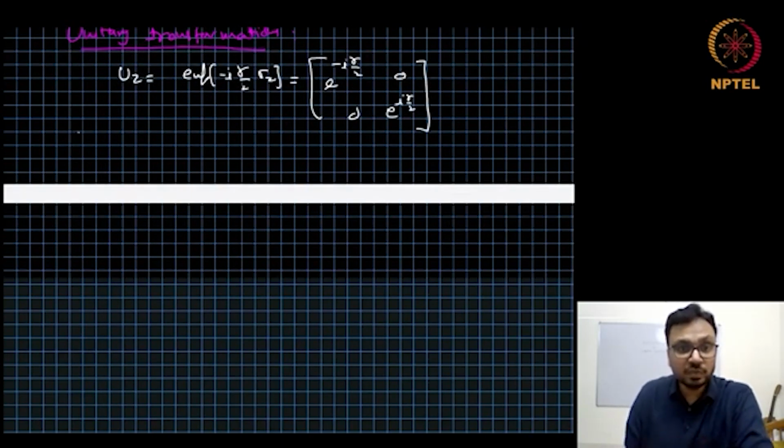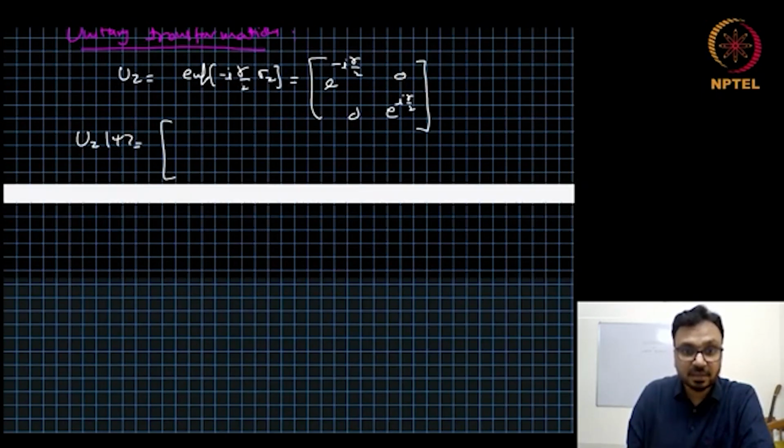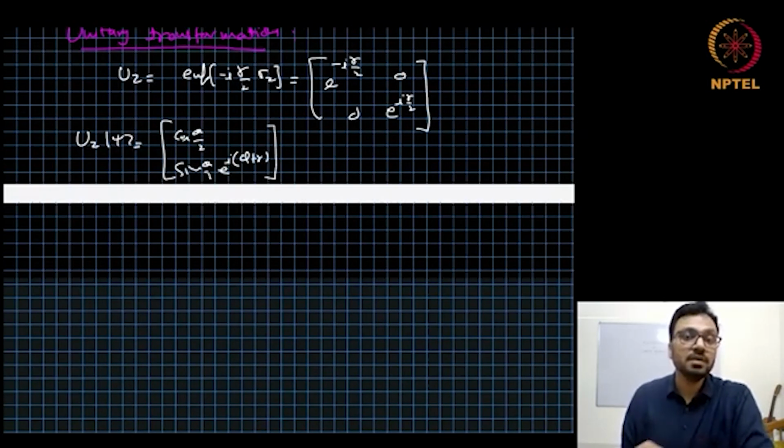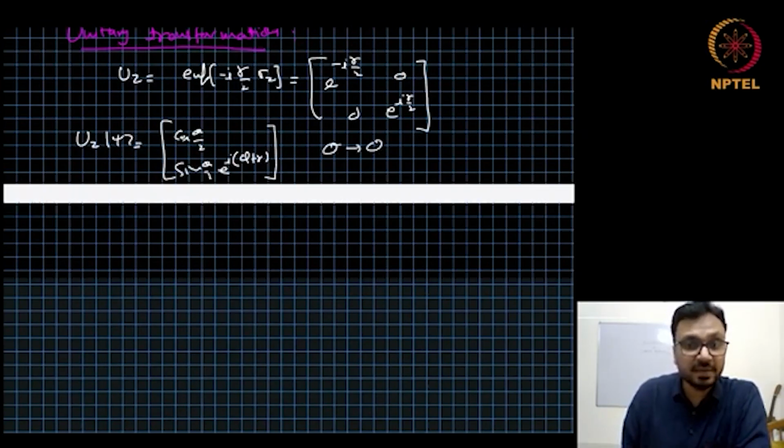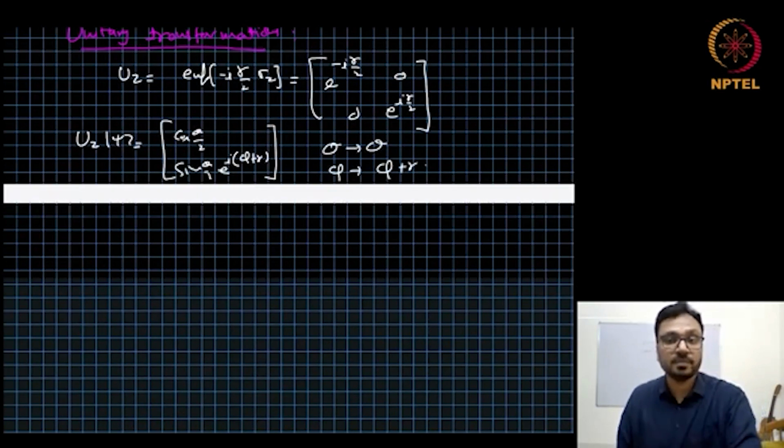Now if we apply U_z on psi, after removing the phase, we get cos theta over 2, sine of theta over 2 exponential of i (phi plus gamma). So now what happened is theta remained the same, but phi became phi plus gamma.